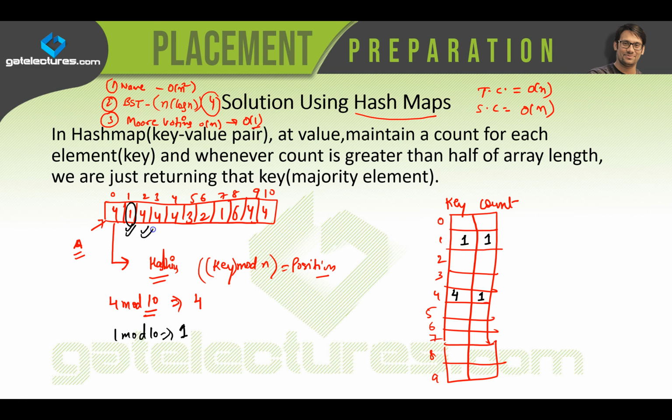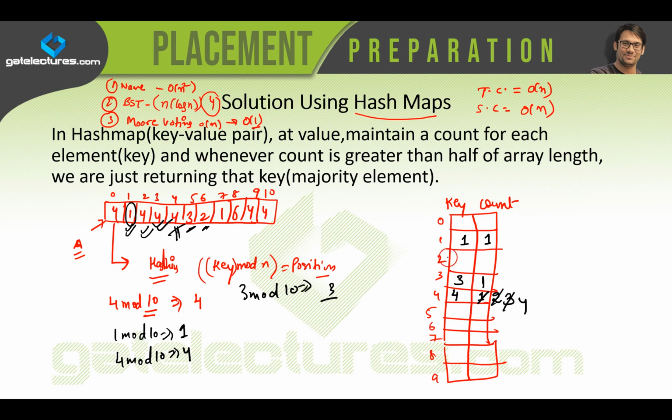Again, the next number is 4. So again I'm going to do 4 mod 10, which gives us the position 4, but 4 already exists, hence I'm just going to increment the value of count. Next number is again 4, I increment the count. Next number is again 4, I increment the count. Next number is 3, so 3 mod 10 gives us 3, hence 3 will be stored here and the count will be 1.